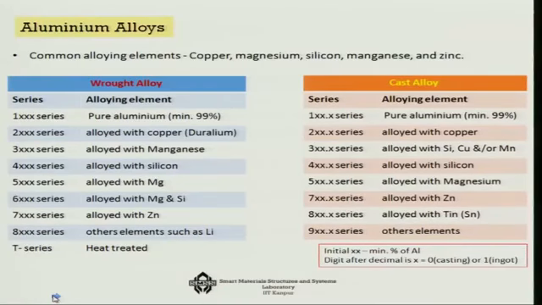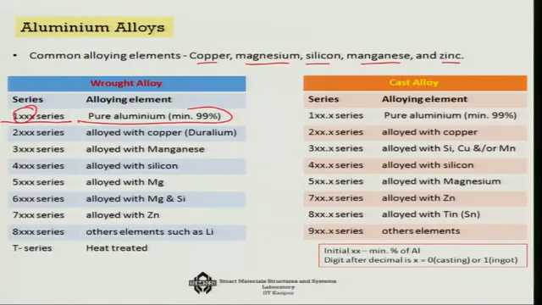Now, there are many alloys. Aluminum has been explored with various materials, for example, copper, magnesium, silicon, manganese and zinc. And depending on what kind of alloying is happening, there are different grades of aluminum. For example, grade 1 is pure aluminum, about 99% pure, and there is this XXXX designation.